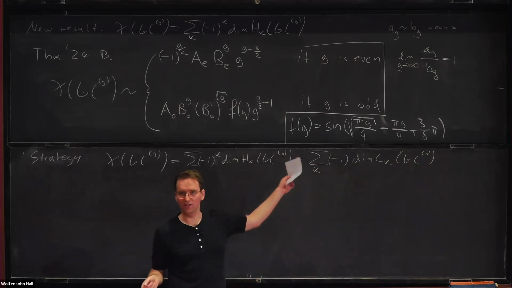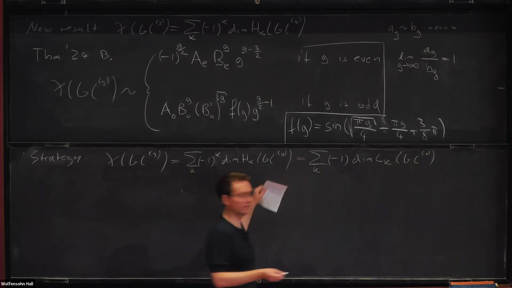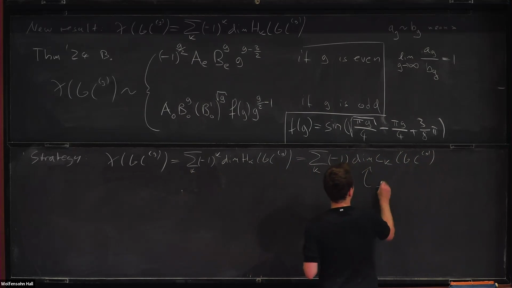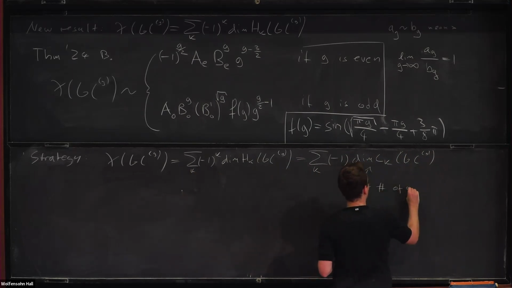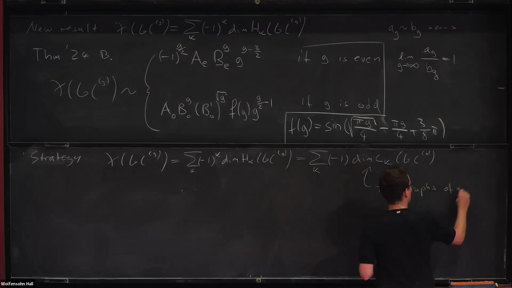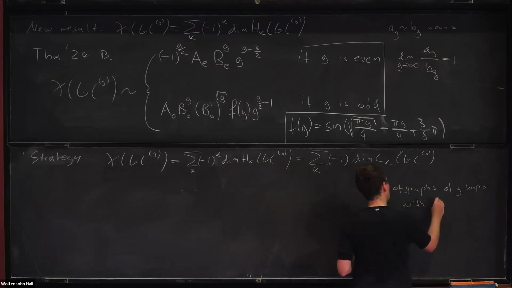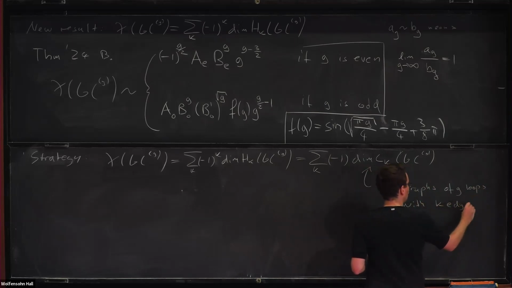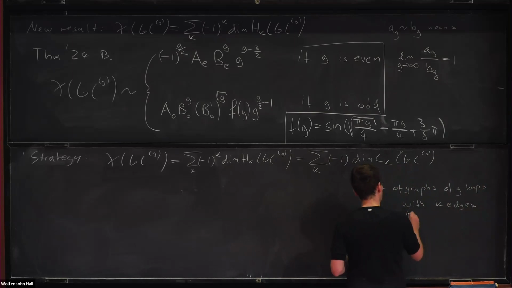And the dimension of these chain groups is just the number of graphs of g loops with k edges and without automorphisms.